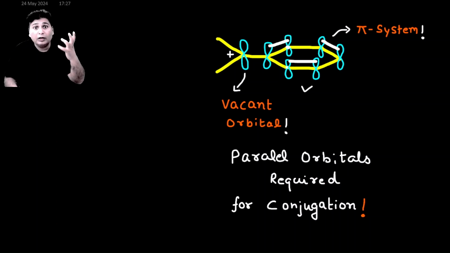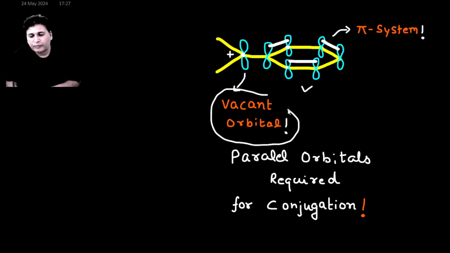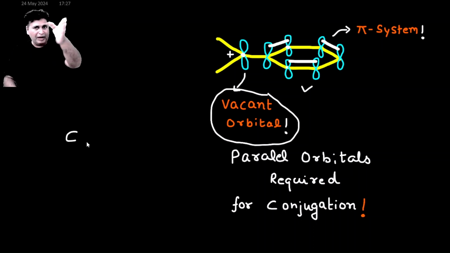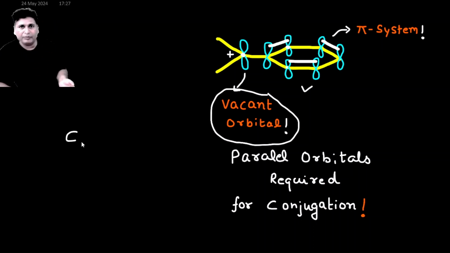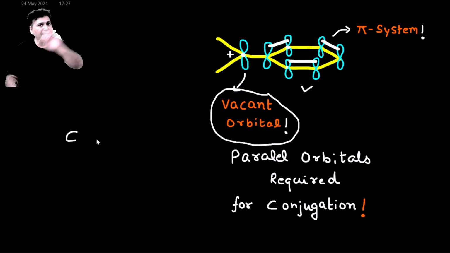So what is the goodness of remaining in the plane of the benzene ring? You can understand like this. This carbocation, as I have told so many times, has got a vacant orbital. How does a vacant orbital come? Carbon has normally 4 electrons in the valence shell, in neutral carbon. Out of that, 1 electron is taken away, it becomes a carbocation.